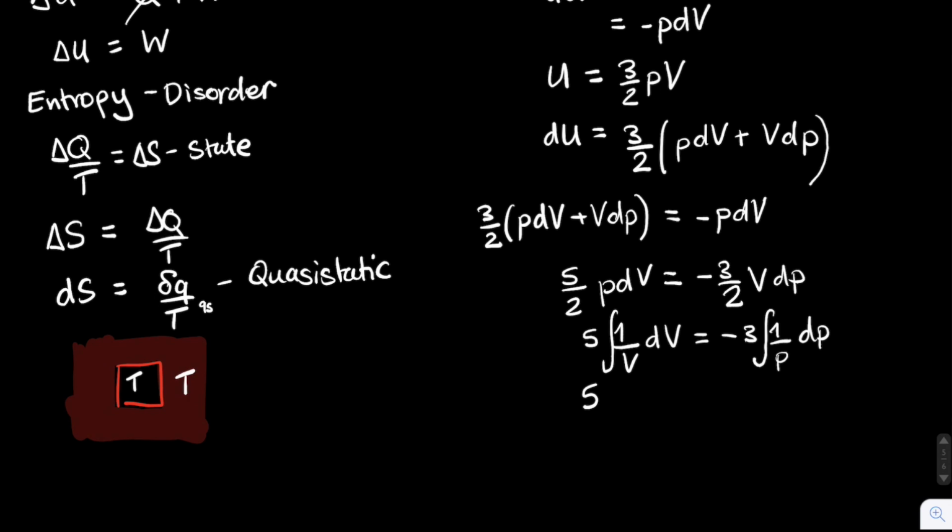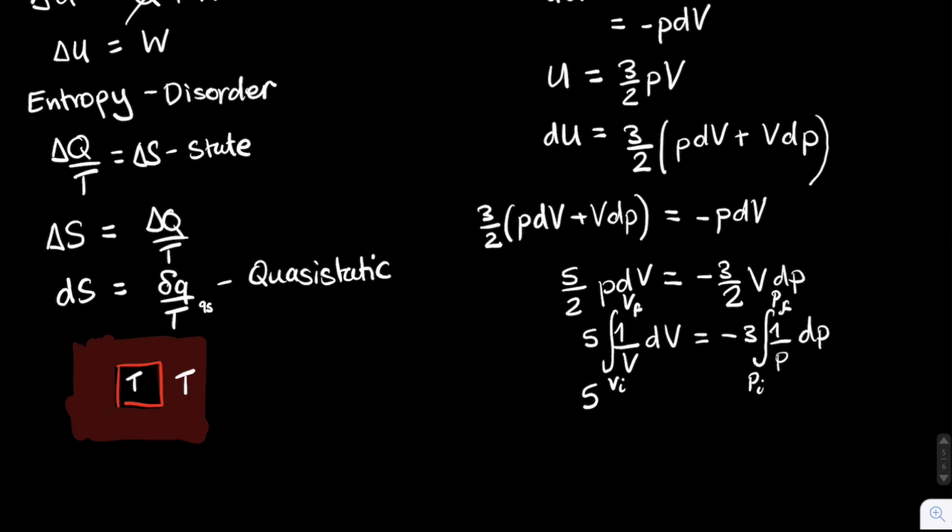Let's say we're going between the initial volume and a final volume, and between the initial pressure and a final pressure. We don't know what any of these are; we're just adding arbitrary limits at this point.